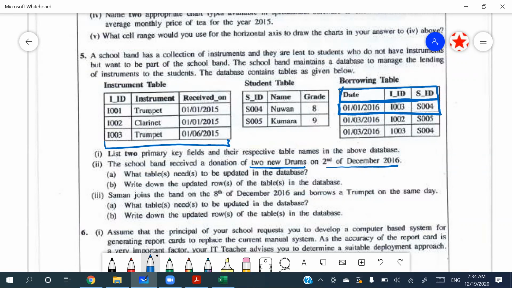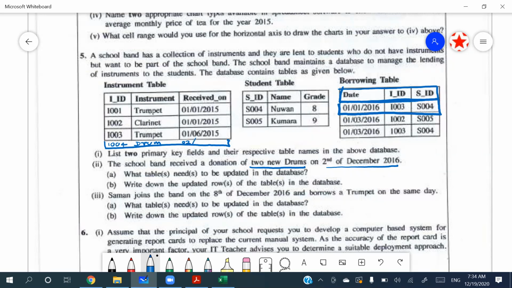And they are not talking about borrowing it to a student, so the borrowing table will not get affected, and they are not talking about any new student. So it's just the instrument table that's going to be affected, and the updated row is going to be what? Since drums are new, we are going to have 1004, and here it's drum, and we are going to put 2nd December 2016.